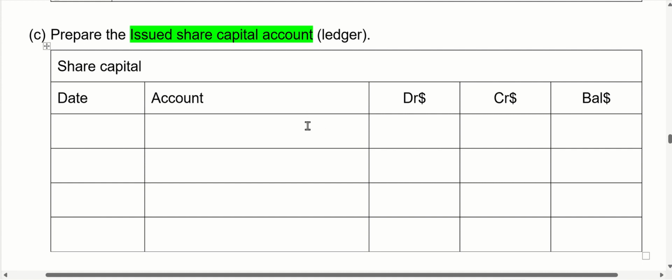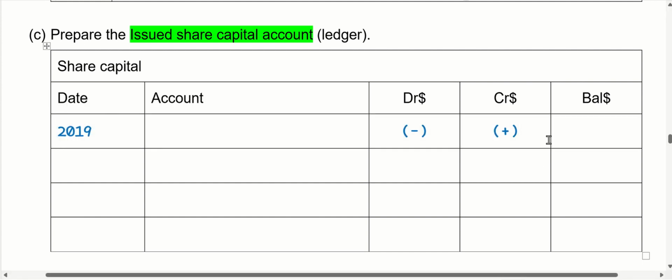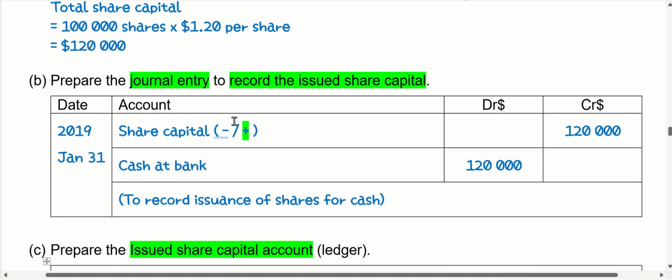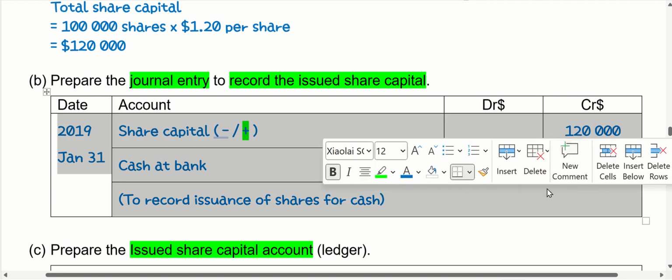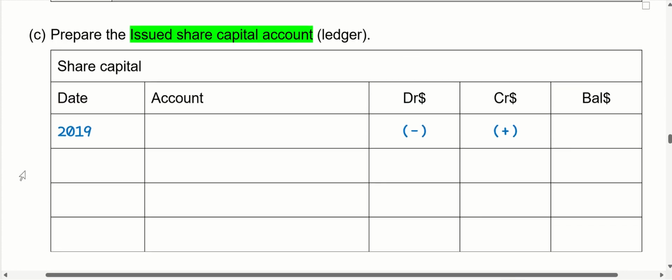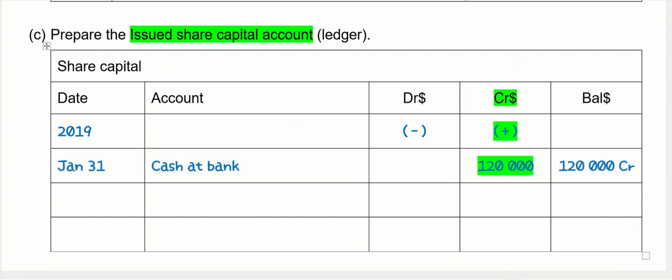Now, because it's a new business, there is no balance brought down. Instead, I will write my accounting rule first, minus plus, and then I will record that I issued share capital here on the 31st of January. On the 31st of January, the share capital account has increased by 120,000.